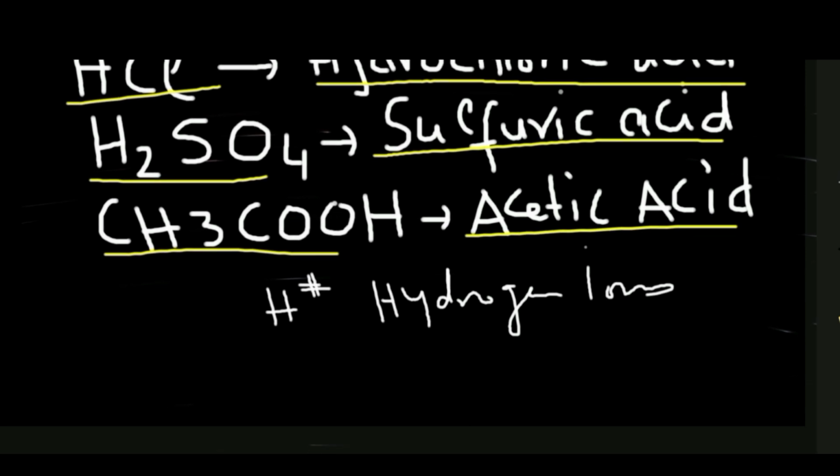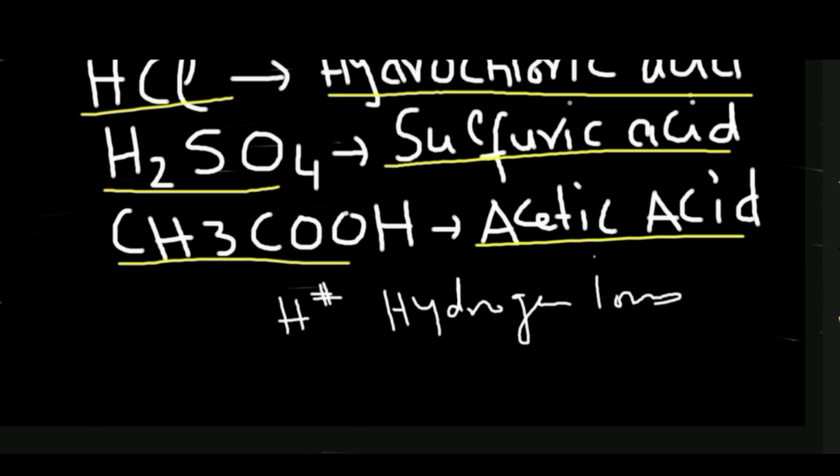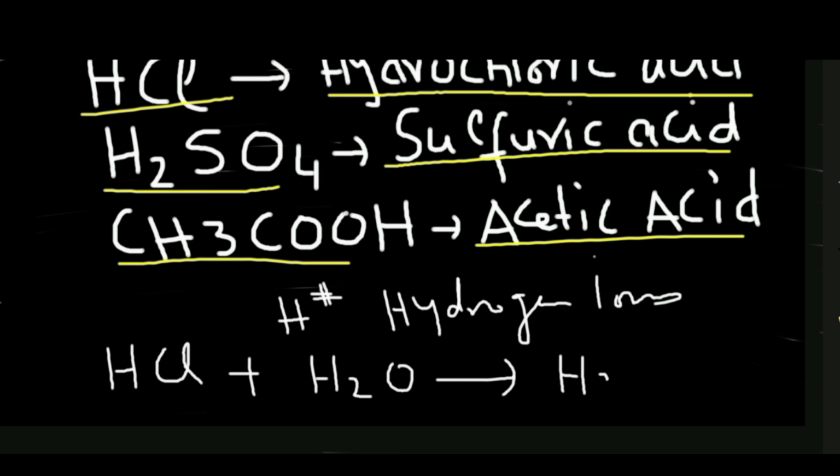For example, if we add hydrochloric acid, or HCl, in aqueous solution, which is water, it will give H3O hydronium ion plus Cl chloride ions.